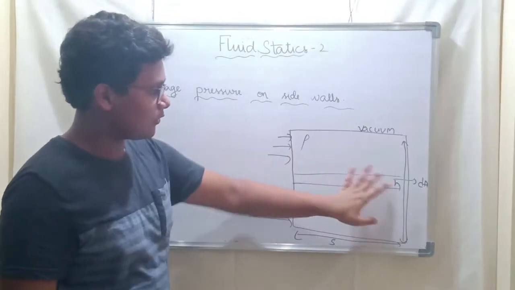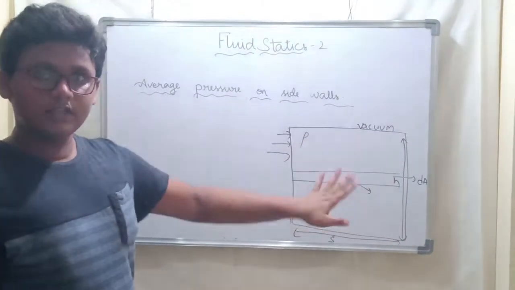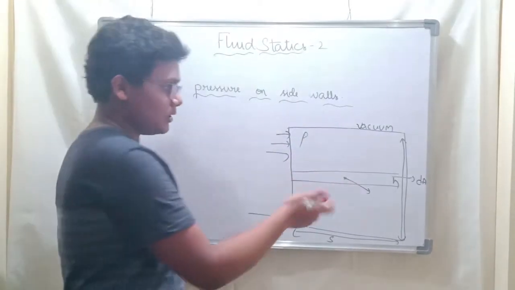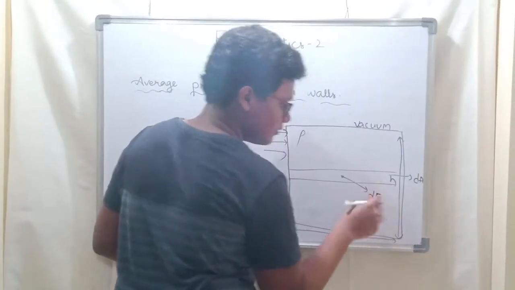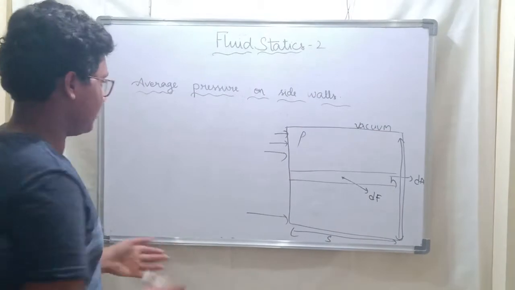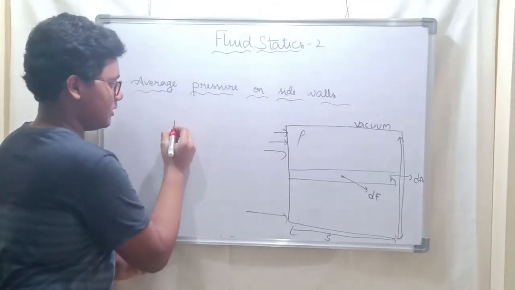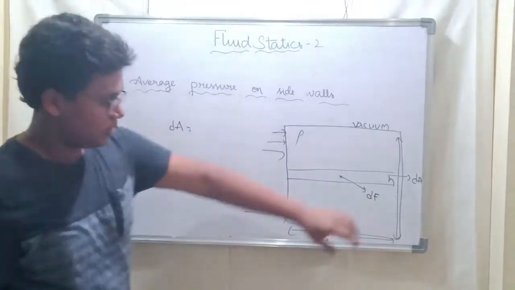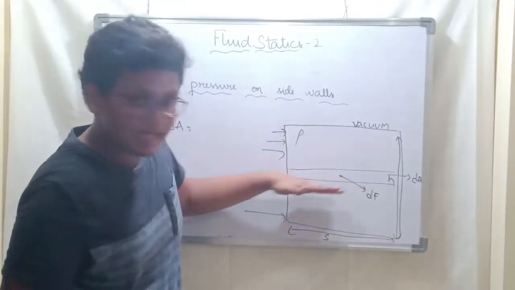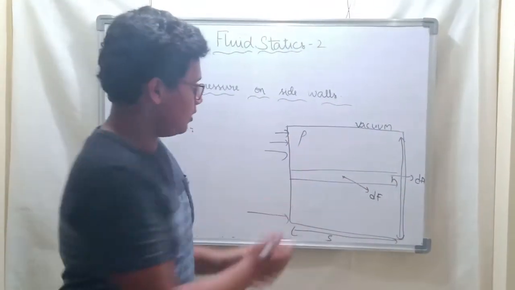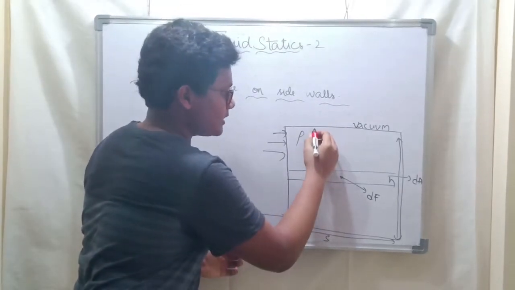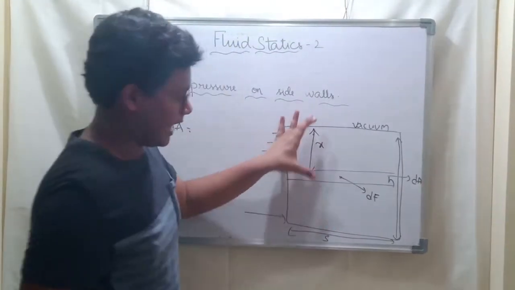This is a part of that whole container, no? So we will take dF, the part of the force, and dA is equal to this length into a height x.